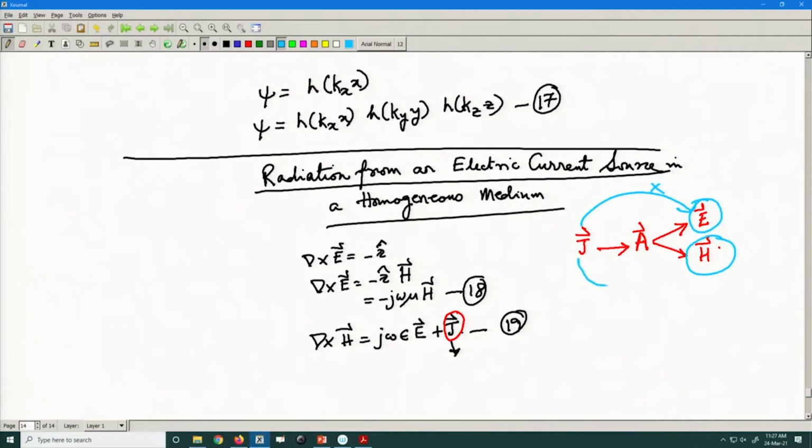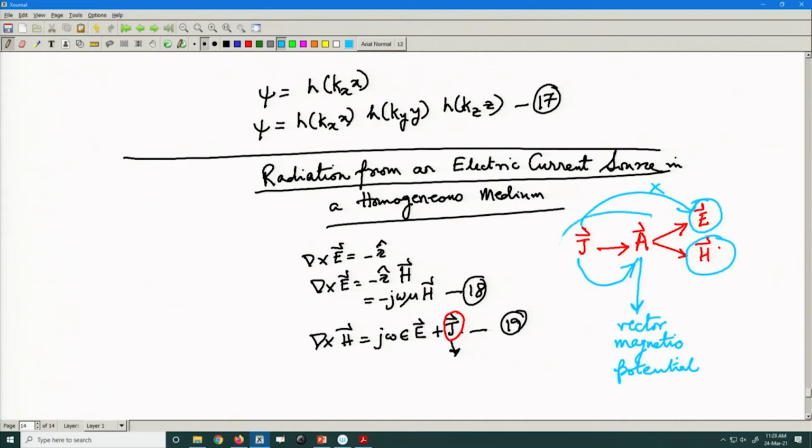Therefore, we go via the mediary of A. We first find the vector magnetic potential A, and once it is evaluated, we find the electric and magnetic fields.